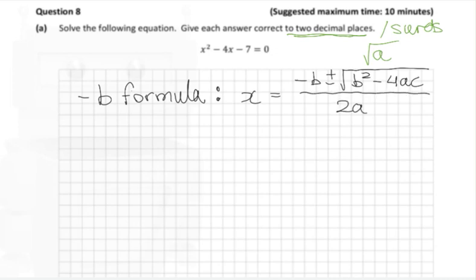Now all we need to do is to correspond the a, which is the coefficient of the x squared, and the b, which is the coefficient of the x, and the c, to the original equation here. Then we've got to substitute them in accurately and do the plus and minus, because we'll have two roots for each quadratic.